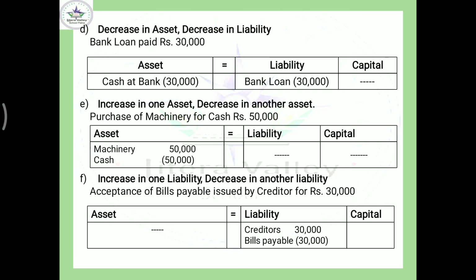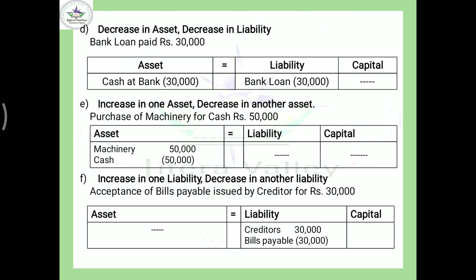So if a businessman has accepted bills payable, then certainly the balance of creditor will reduce. Or take it simply, the creditor's balance will reduce, and the obligation that you will pay the bill after 1 month, 2 months, 3 months will increase.